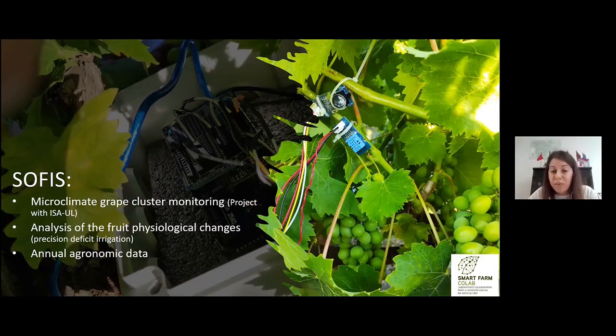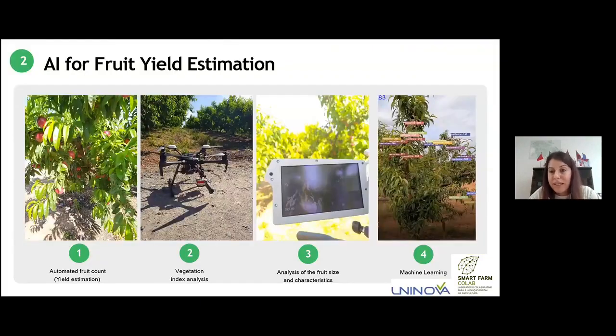Another practical use case being developed is to estimate the fruit yield for the campaigns. This is in the case of different fruits, the nectarines, the prunes, I mean, the apples or the pears.